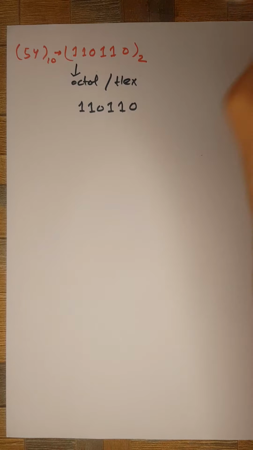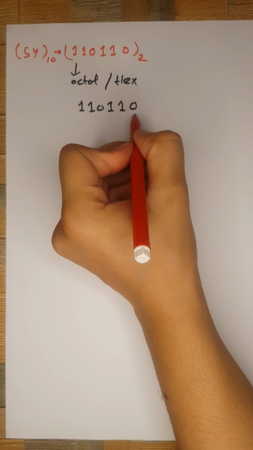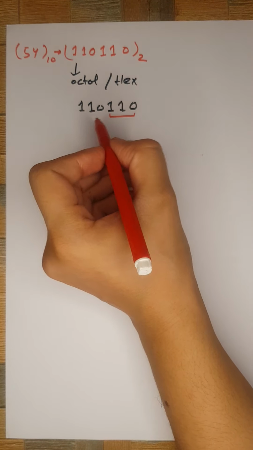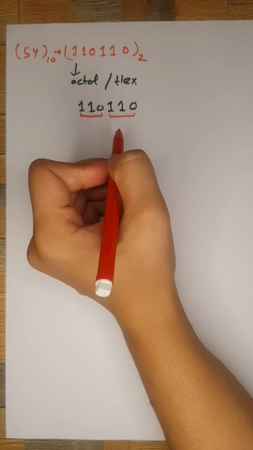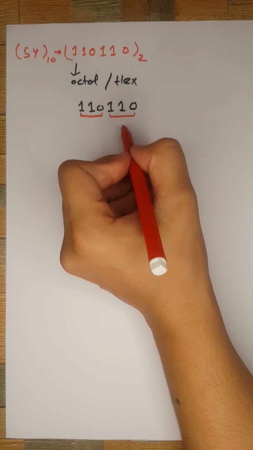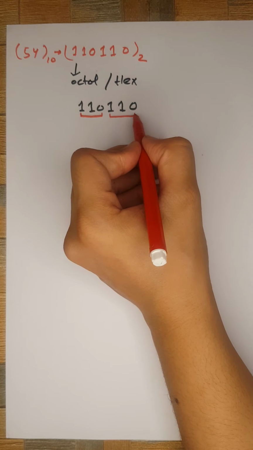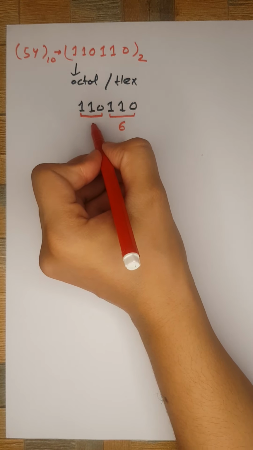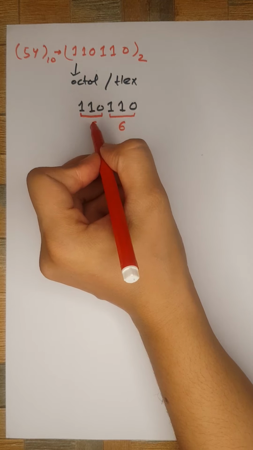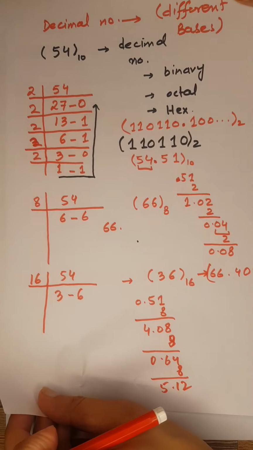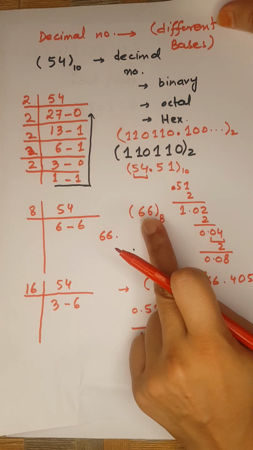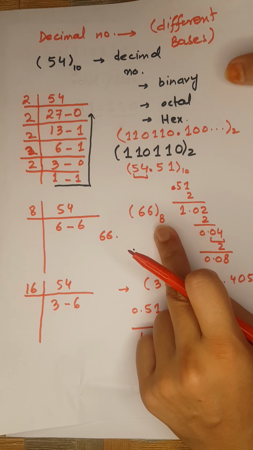Starting from the right hand side, we combine these 3 bits, and then further 3 bits, and then we find their decimal equivalent. We know that 110 is equal to 6, and similarly 110 is equal to 6. If you remember the previous example, 54 was equal to 66 in octal, so the result is true.